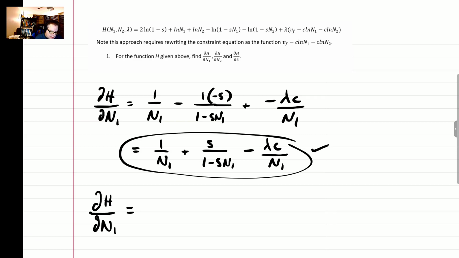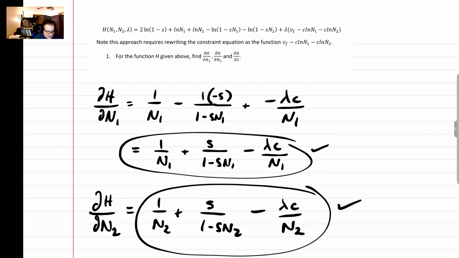Going back and looking at this, it goes to 0. You look at this guy, and it goes to 0. There's no n2. This will give me 1 over n2. Through here, this term goes to 0, and you end up with just lambda minus c over n2. And that's the derivative with respect to n2.